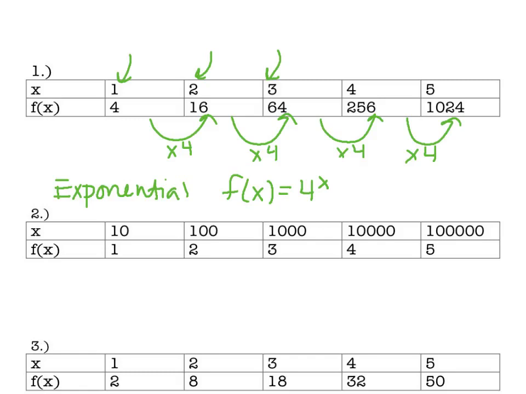So let's just use 1 and 4. And let's go back to that initial function that we were using, the y equals a times b to the x power. I know it's 4 to the x power times a is going to be y. So in this case, my y that I got out, my f of x, is 4, just what I circled in the table, and times a times 4 to the first power.